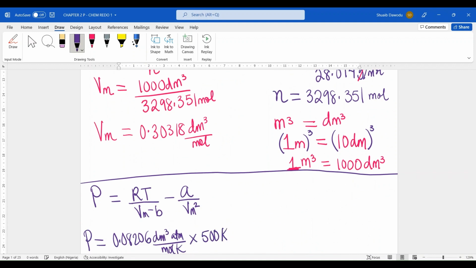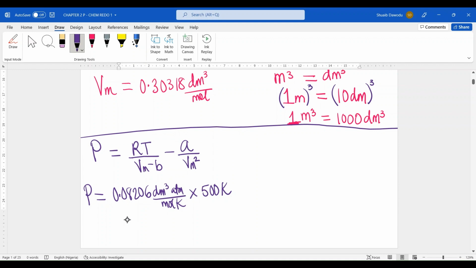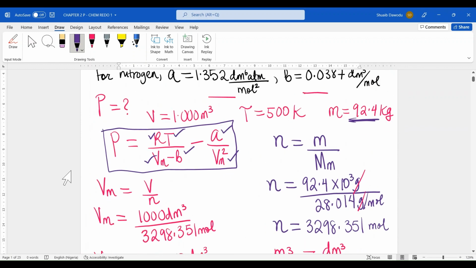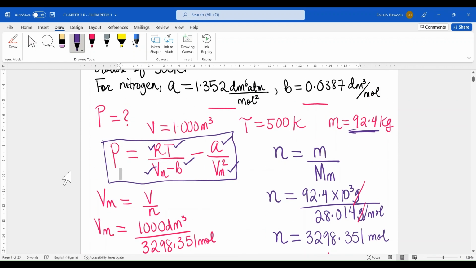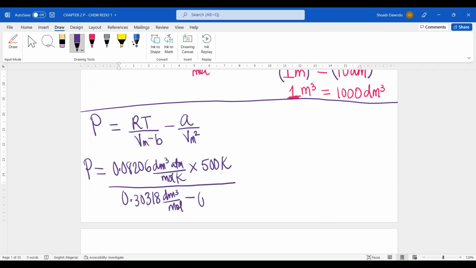So 500 Kelvin divided by the molar volume, which we know to be 0.30318 decimeter cube per mole, minus B. And of course, B is simply 0.0387 decimeter cube per mole. So that's it.